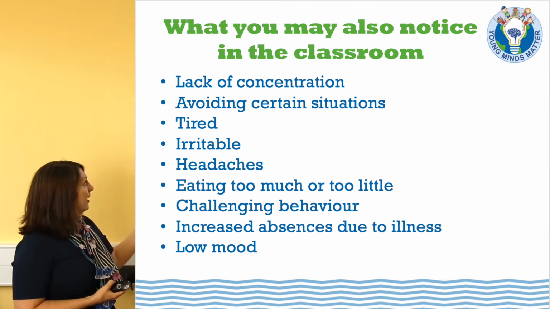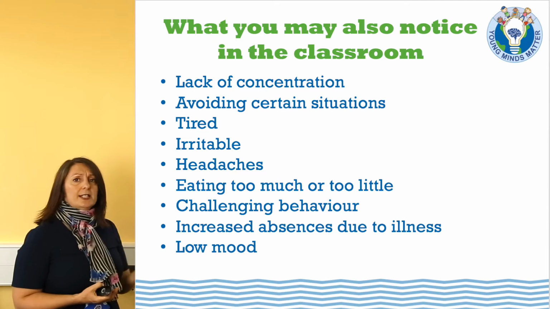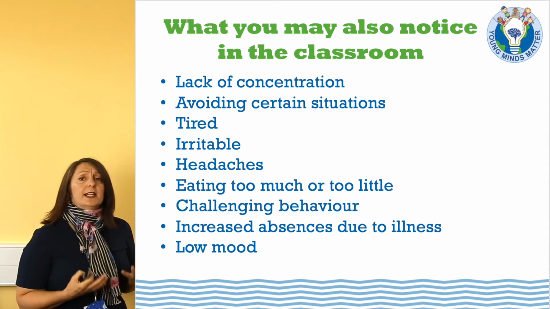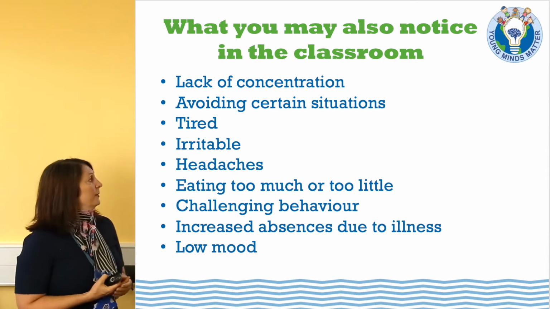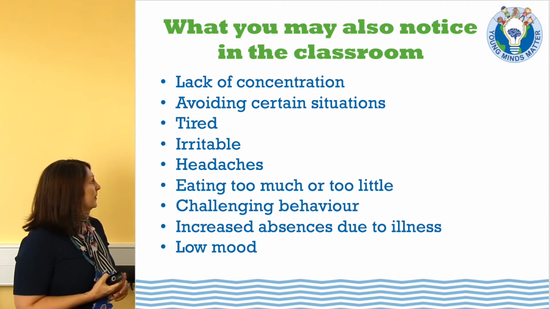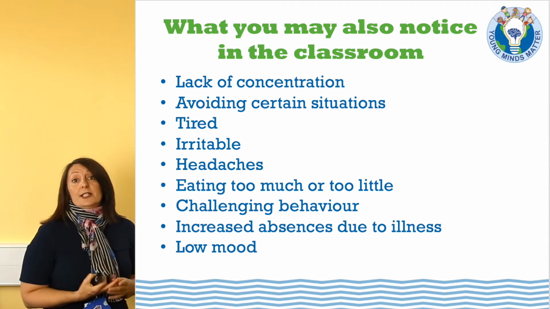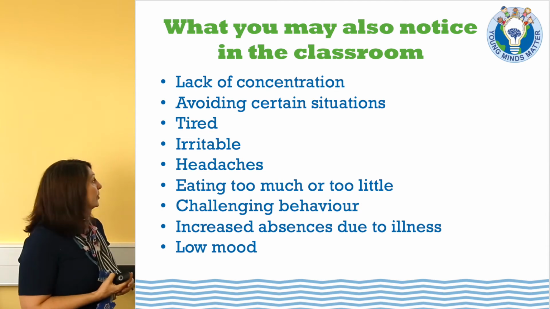Having regular bouts of worry and increased anxiety, and fight, flight, freeze, and the impact that can have physically on the body, it can start to impact on the immune system as well. We have various chemicals being injected that are quite toxic for the system. And if you have reduced immunity, you might have increased illness, you might have increased absences from school.